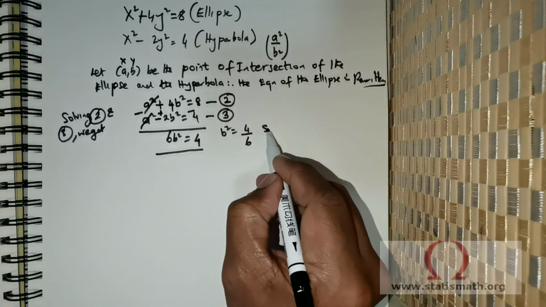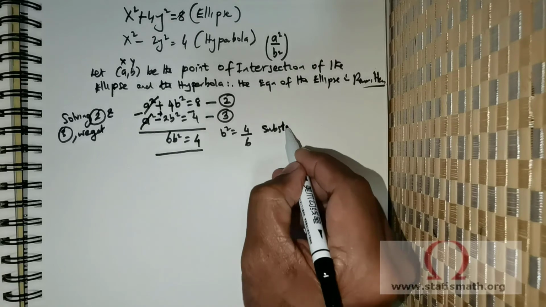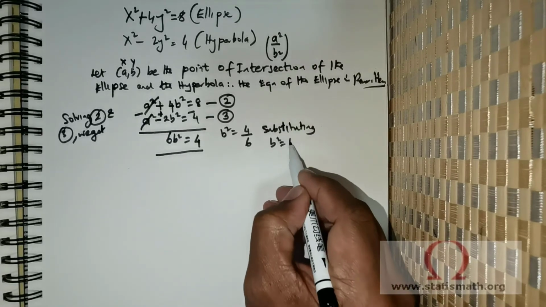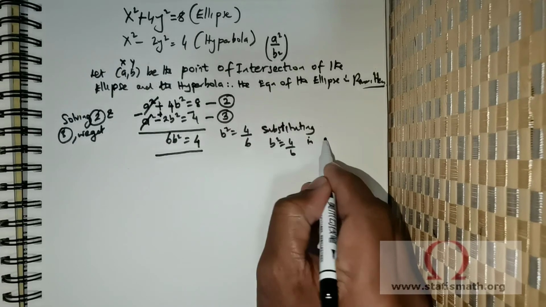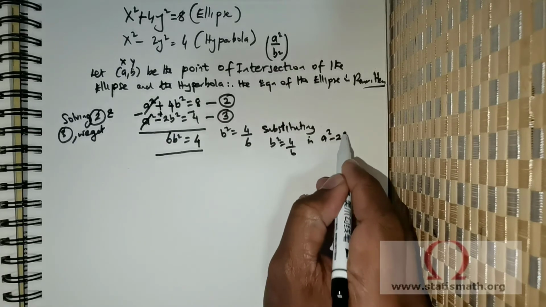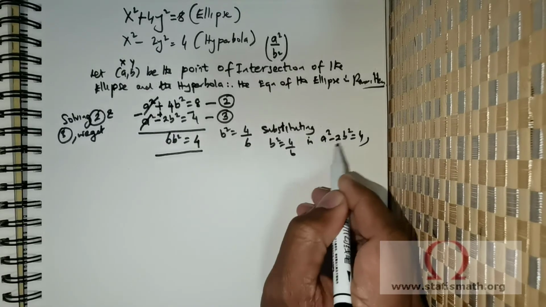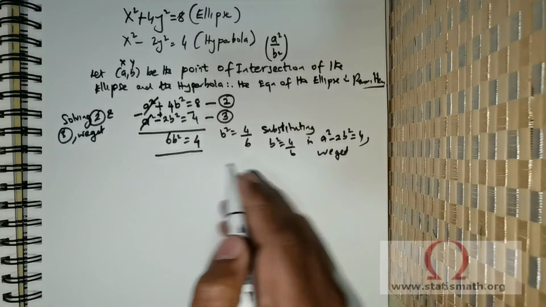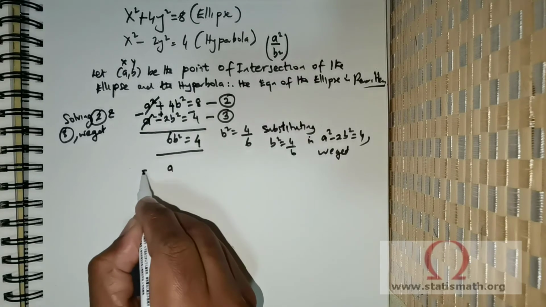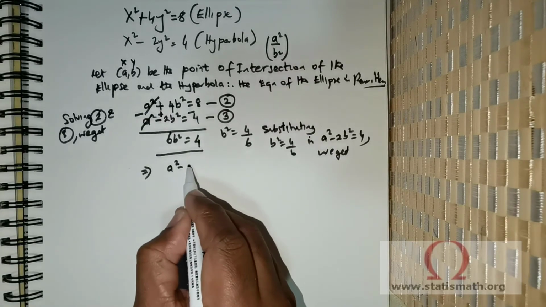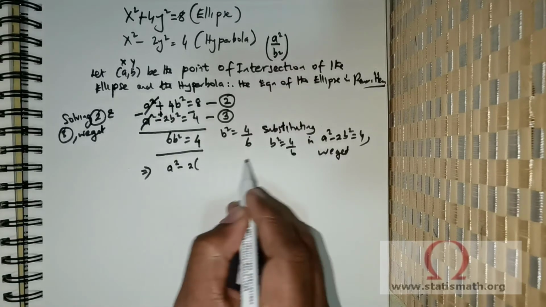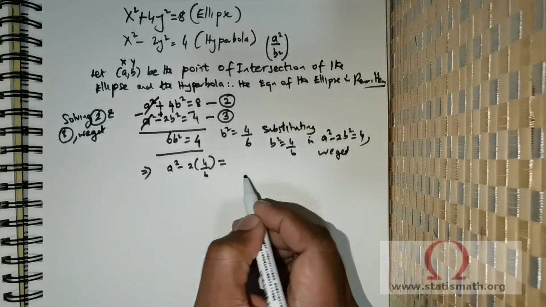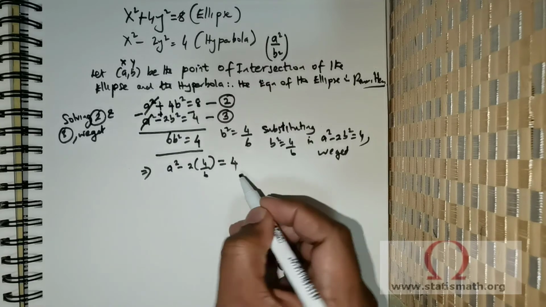Now substituting b squared = 4/6 in a squared - 2b squared = 4, equation 3, we get a squared - 2 times 4/6 = 4.